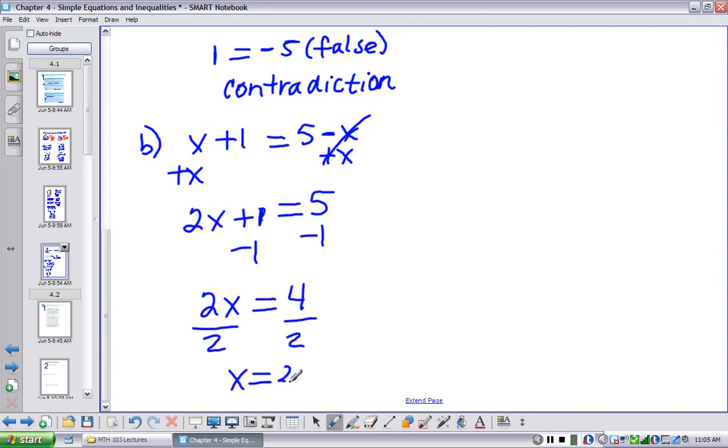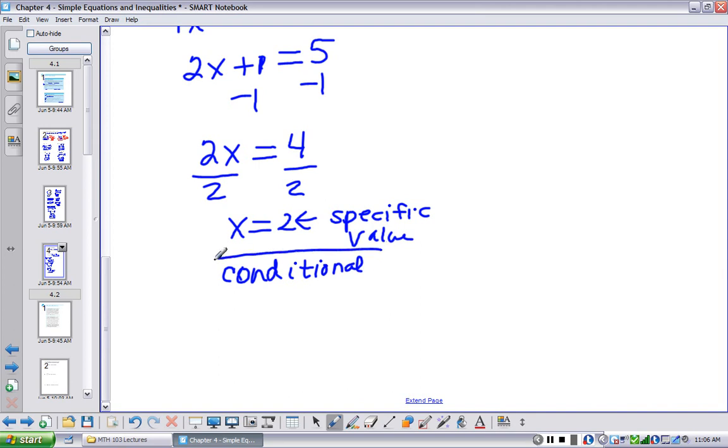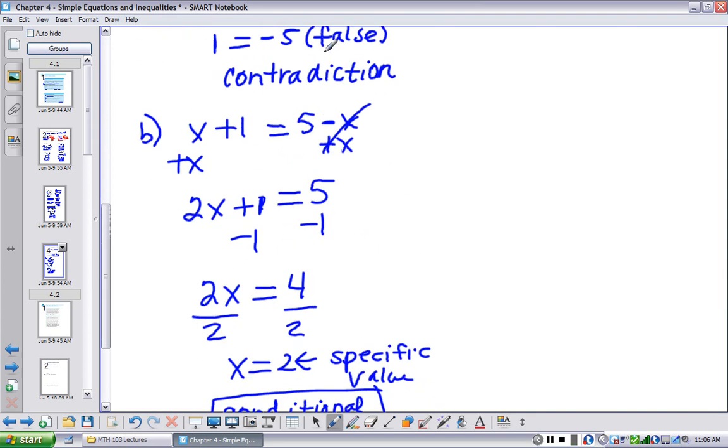So x is 2. Here we got a specific value back. And this is a conditional equation.